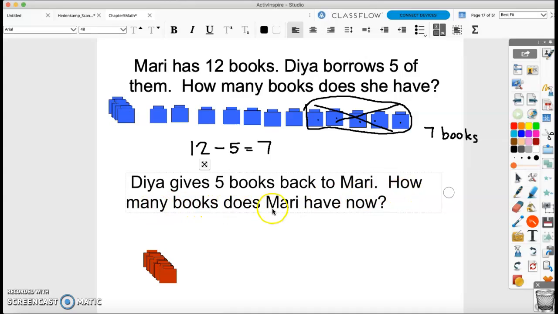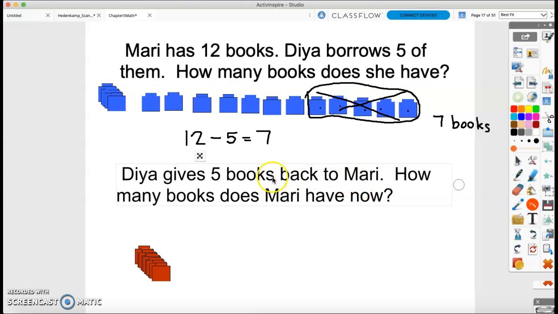How many books does Mari have now? So we have to figure out how many does Mari have. Mari right now is left with our 7 books. So that's how many she starts with. She has 7 books. And then it says Dia gives her 5 books.